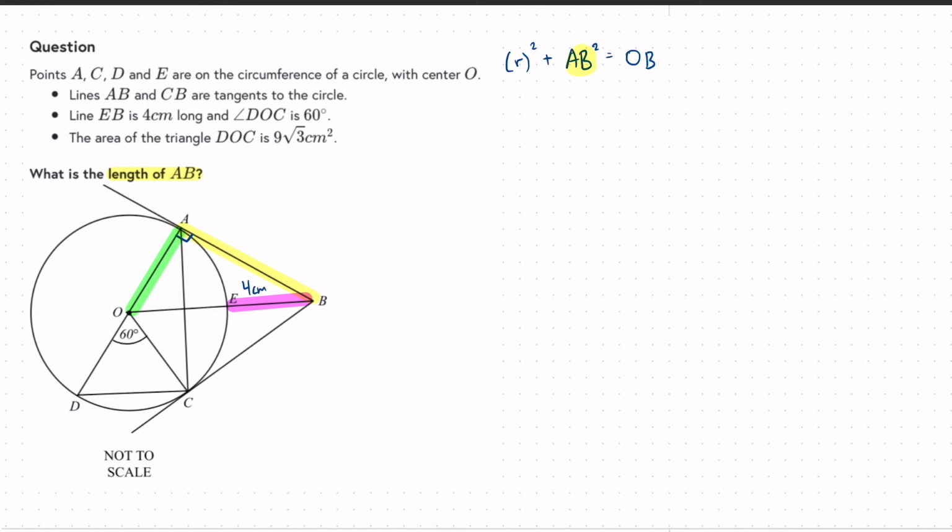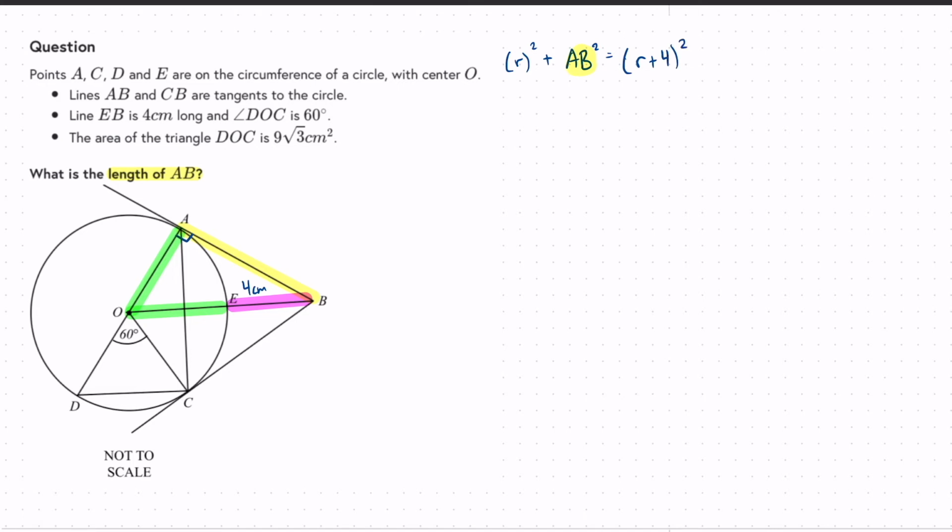I also know it's 4 centimeters plus the radius for OB. So OB squared, that's the radius plus 4, squared.